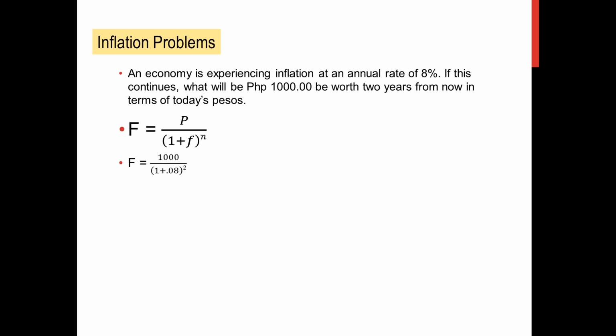We'll just substitute the worth in today's peso, 1,000, divided by 1 plus 0.08, or the inflation rate, raised to 2. So therefore, the future worth of 1,000 is now decreased to 857.34 because of the inflation rate.